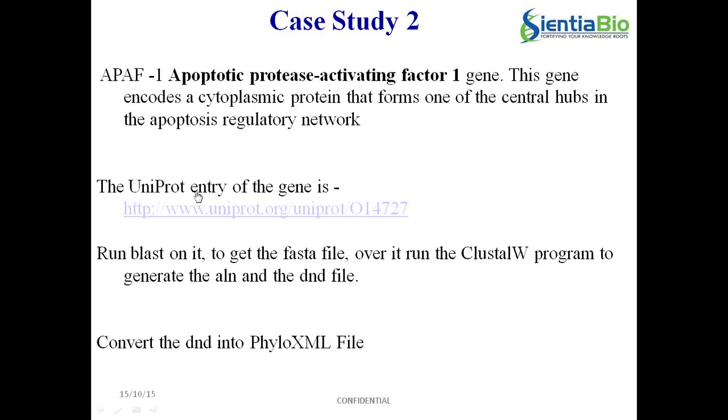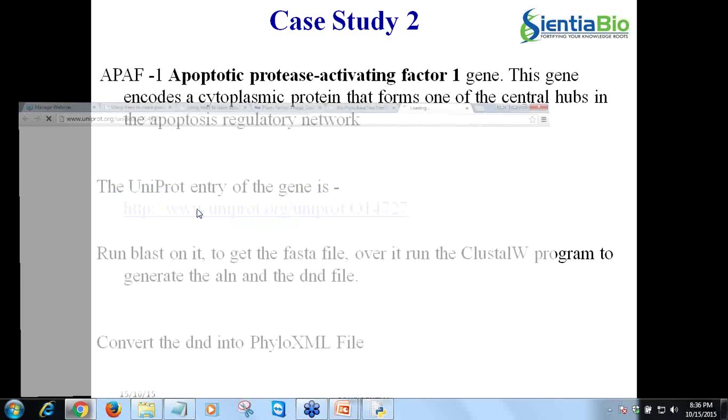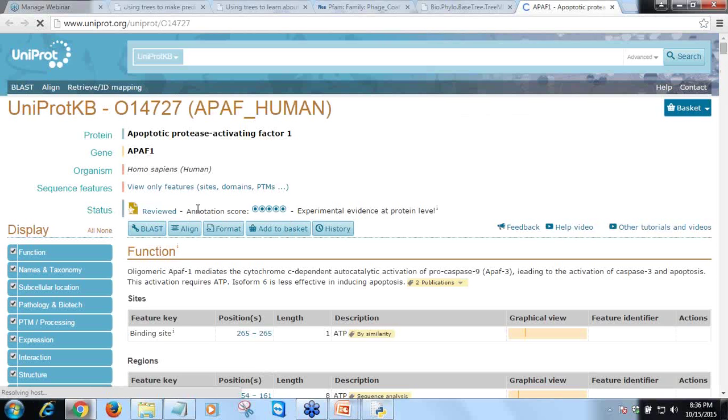The UniProt entry for this gene is available here. You can run a BLAST over it to fetch a set of sequences, and download as many as you want: the first 25 matches, the first 50 matches, or all the matches generated for this gene.